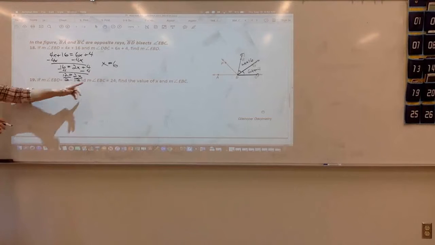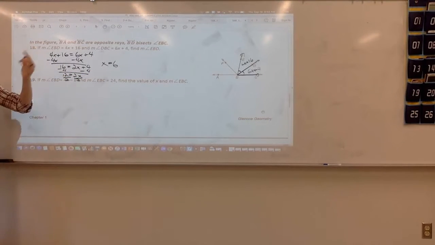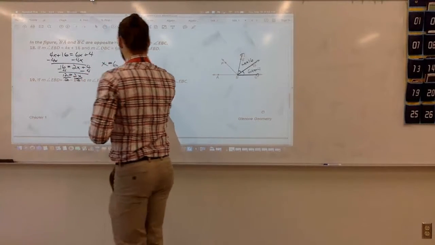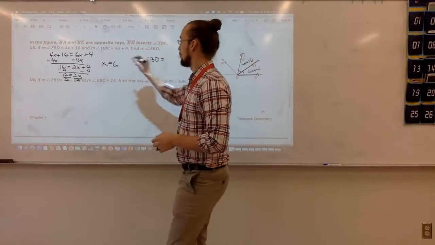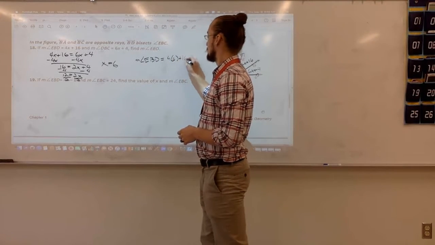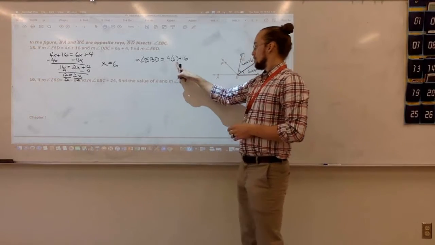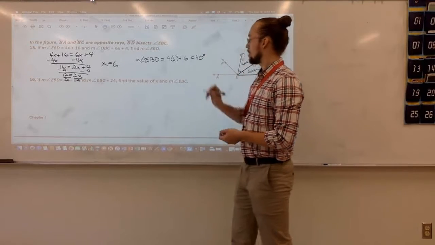So I need to take my answer of 6 and plug it into my expression for EBD. The measure of angle EBD will equal 4 times 6 plus 16. So that's 24 plus 16, which is 40.